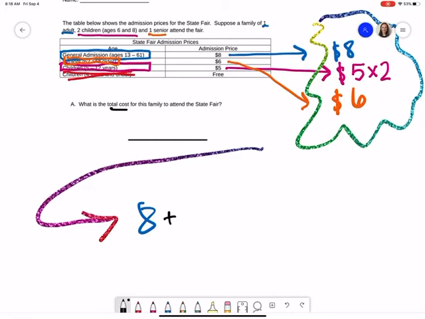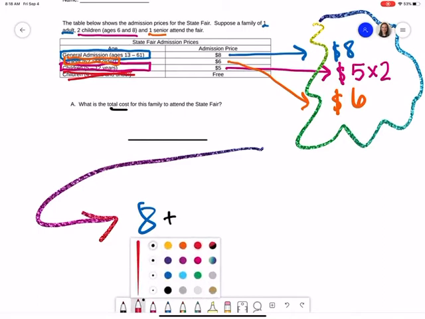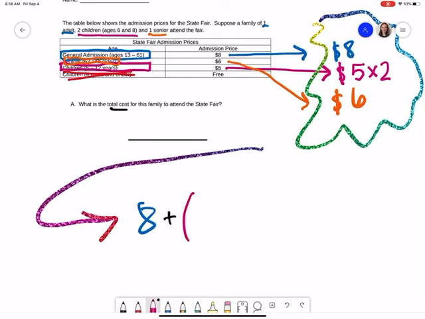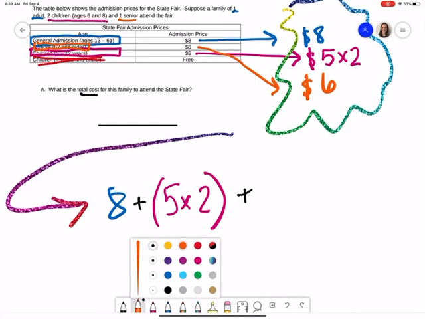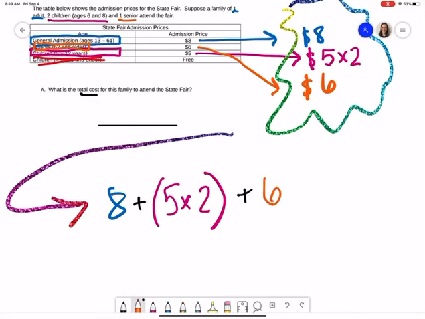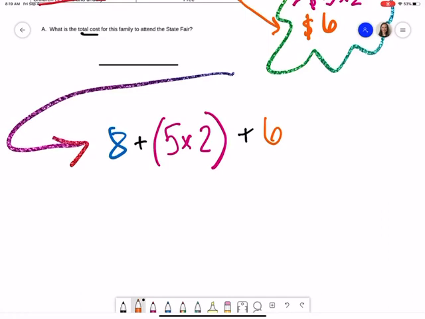Since we know we need to multiply, we can go ahead and put parentheses around that. But we don't have to put the parentheses because we know we always do multiplication first, but we could. So, just to remind myself, I'm going to put the parentheses. But again, we don't need them because we multiply first. And then we have plus the senior for $6.